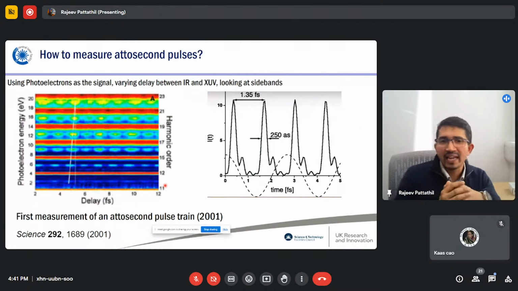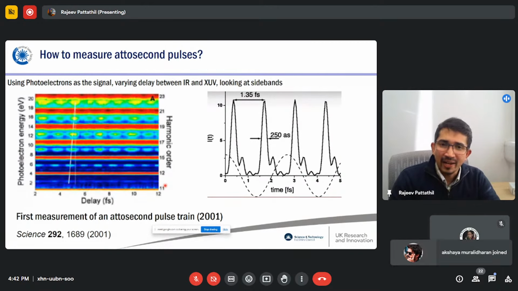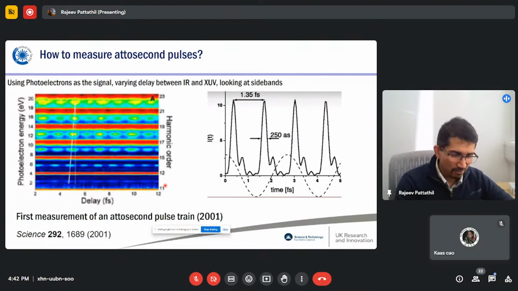By changing the delay between the XUV and the driving pulse, you can measure the shape or the duration of the attosecond pulse. This was done for an attosecond pulse train in 2001, and they measured something like 250 attoseconds. This is the first time someone actually measured an attosecond pulse.